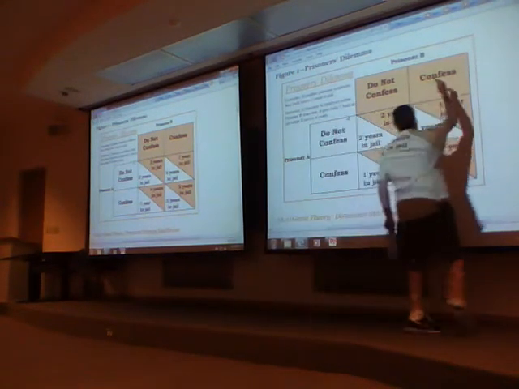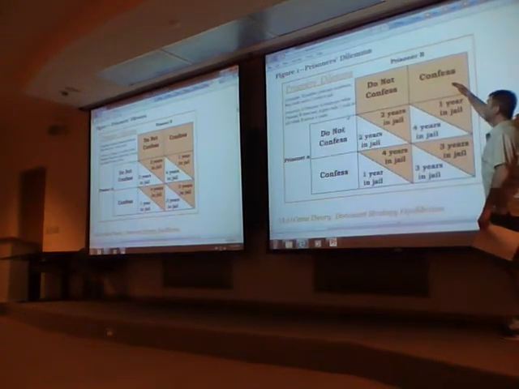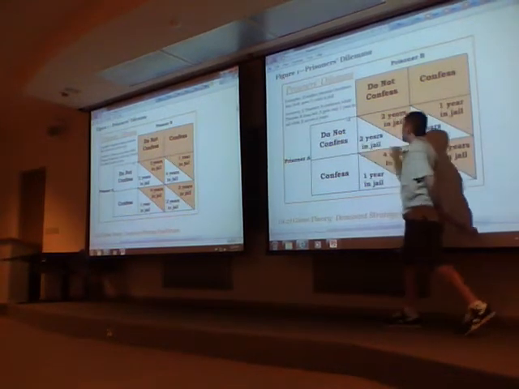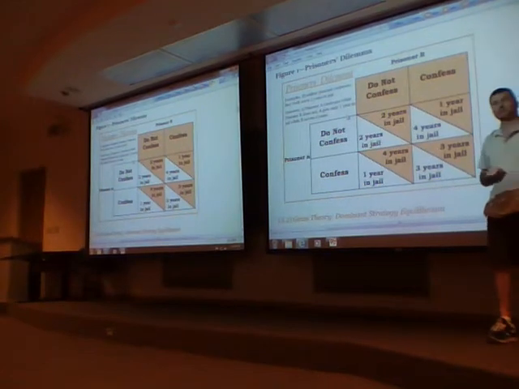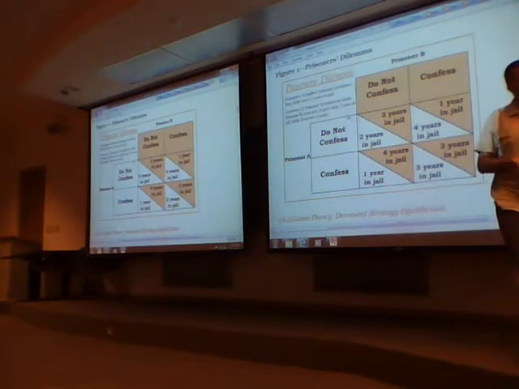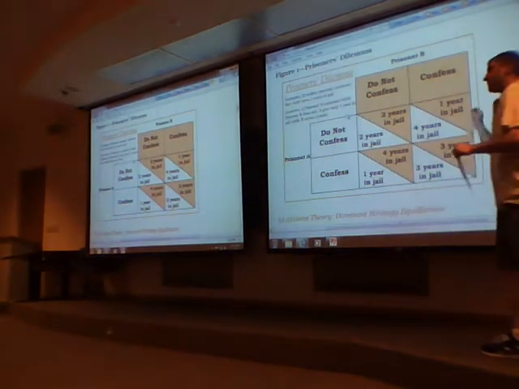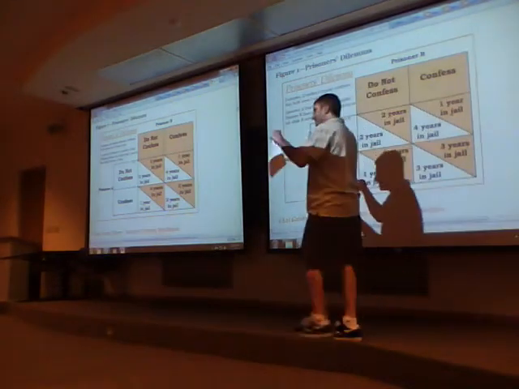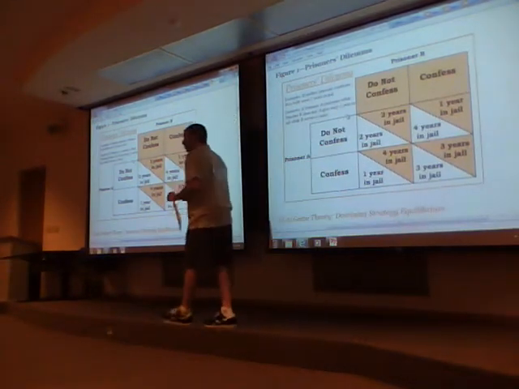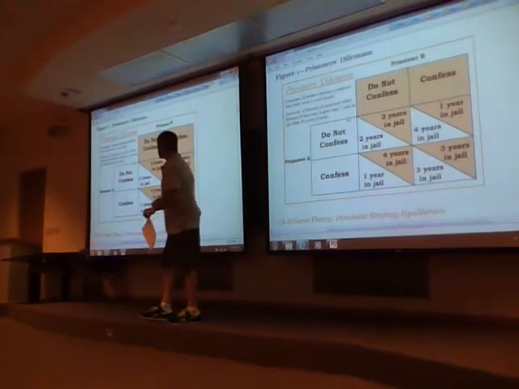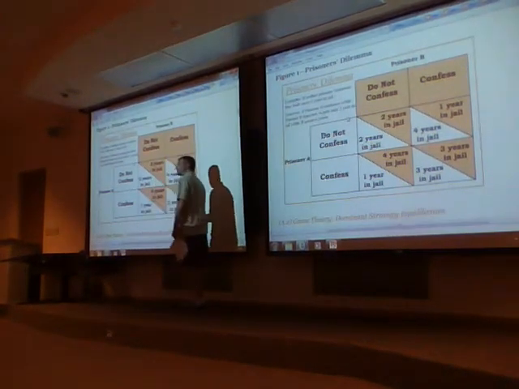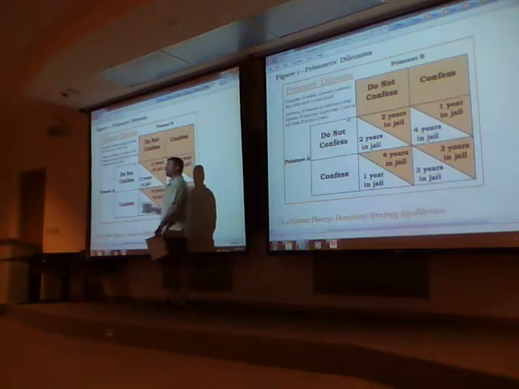Because if they confess and you do not confess, you're going to get 4 years, and they're only going to get 1 year. So what's it going to be? To tear them apart and try to make them both think they better confess now, immediately, before the other person, even though if both confess, they're going to be worse off than if they both didn't confess.